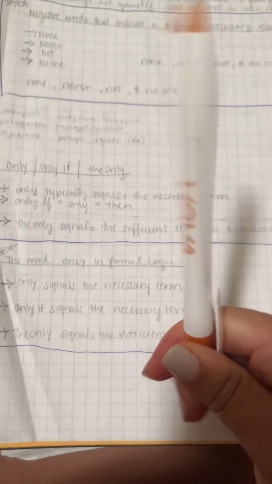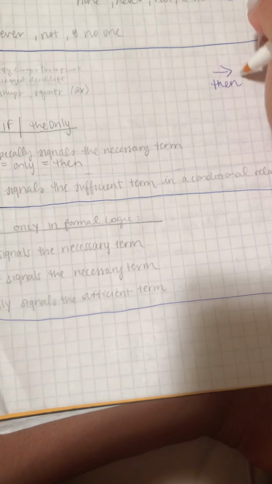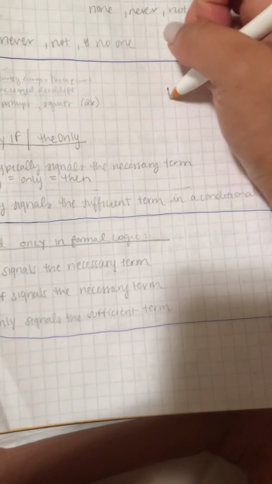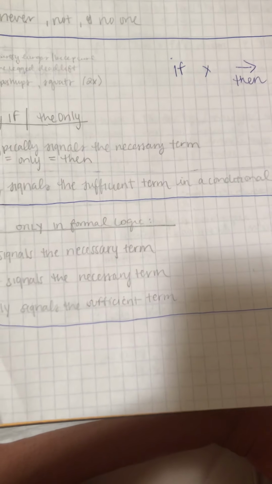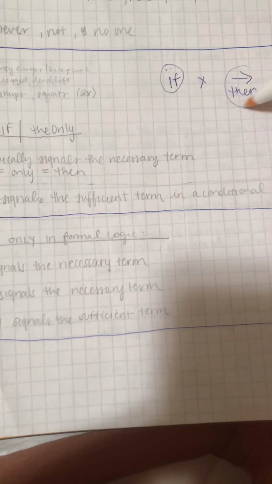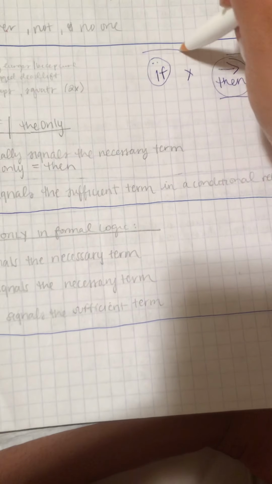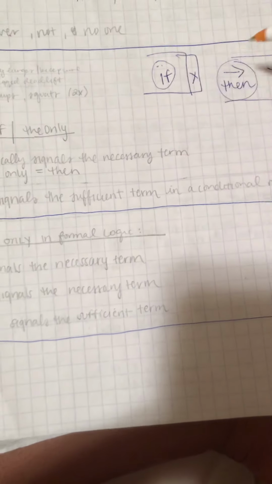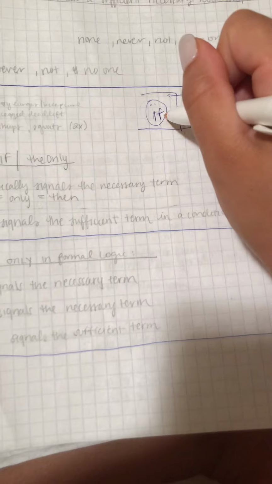So the arrow symbolizes then, right? I think you already know this, but I'm just going to say it anyways. So if X, then Y. If is the sufficient, and this is the necessary part.